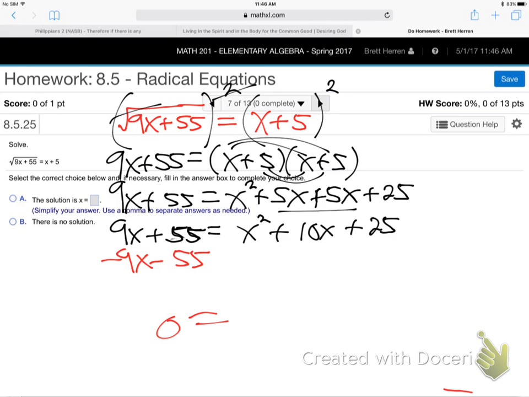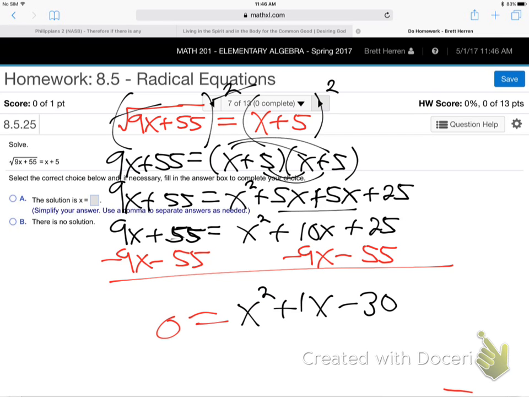Everybody see what I'm doing? And whatever you do on one side, you have no choice but to do the same thing on the other. And we get x squared plus 1x minus 30. Is that good? And we got our 0, didn't we? We made 0 show up on the opposite side from x squared.